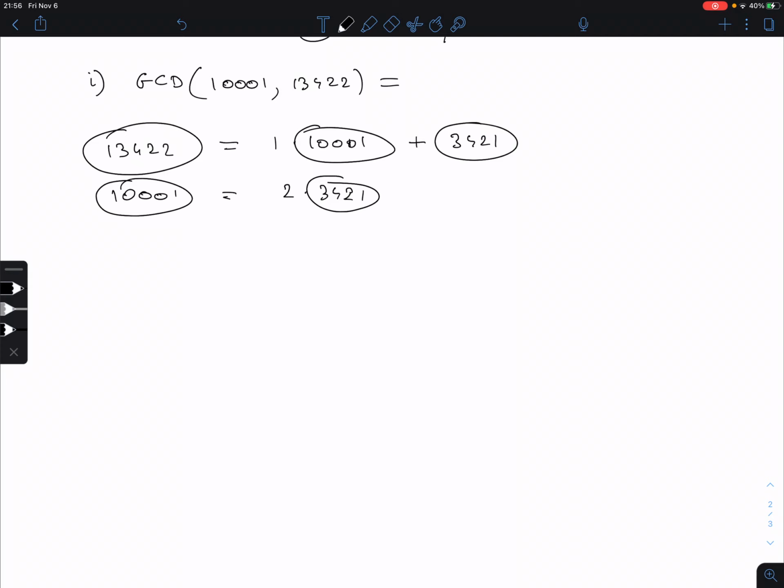But I need my calculator. These are big numbers, so I better check all my calculations here. So 3,421 times 2 is 6,842, and if I subtract that from 10,001, I get 3,159.